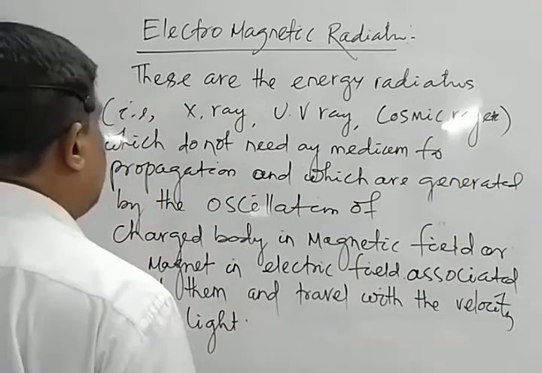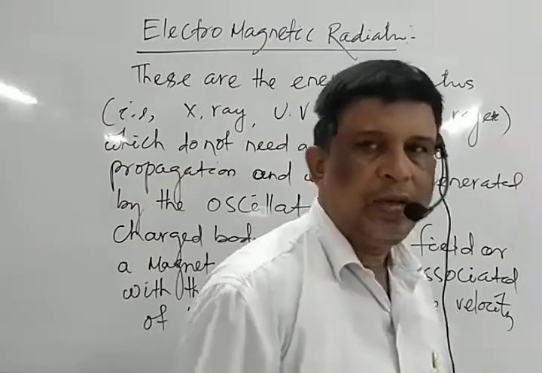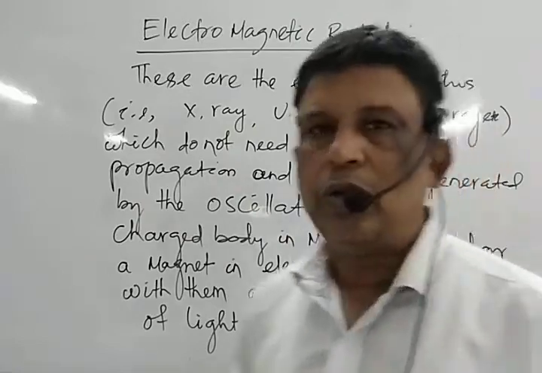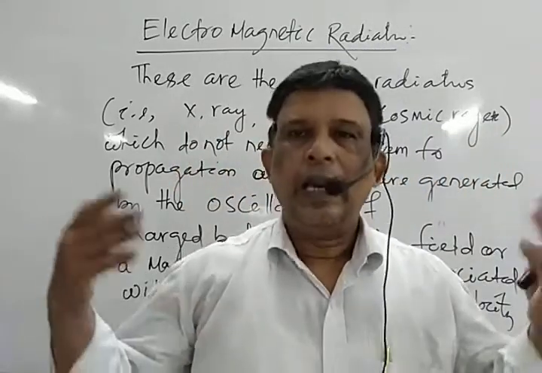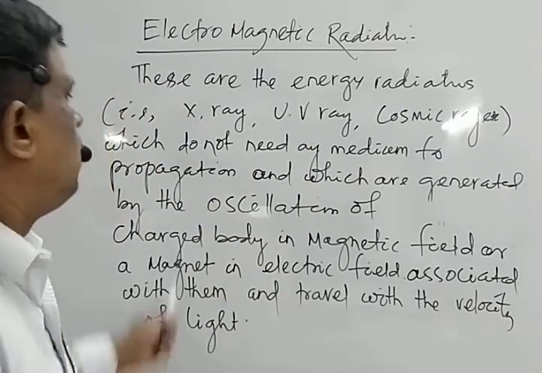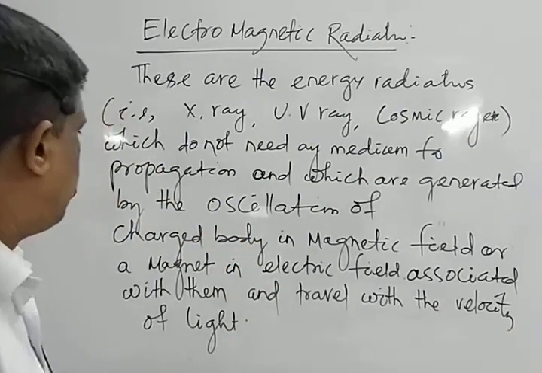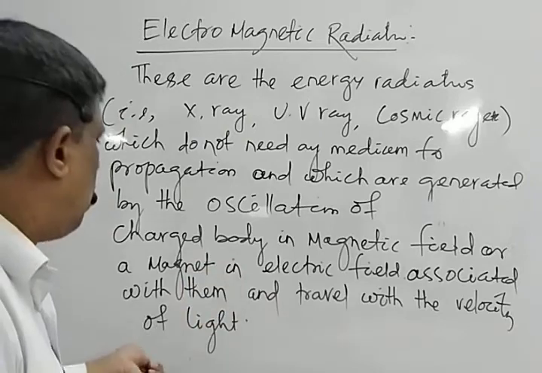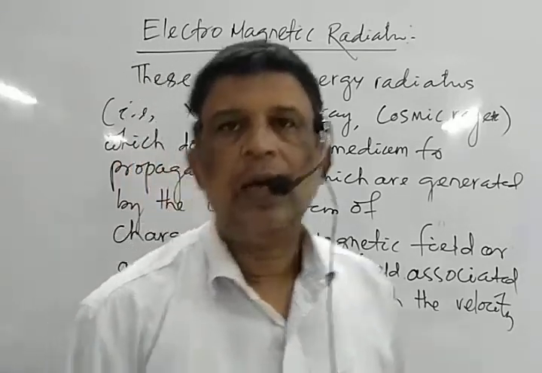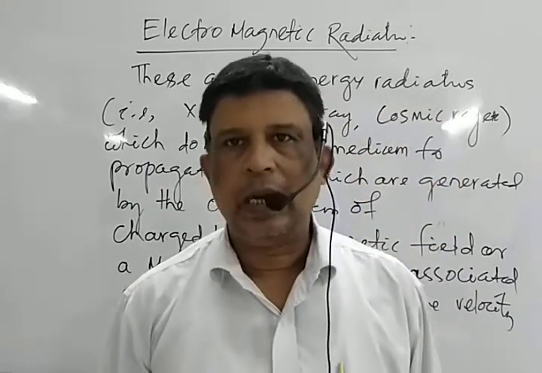I repeat again, electromagnetic radiation, particular characteristics: these are the radiations which do not need any medium for propagation and which are generated by the oscillation of a charged body in the magnetic field or magnet in the electric field, and they travel with the velocity of light.